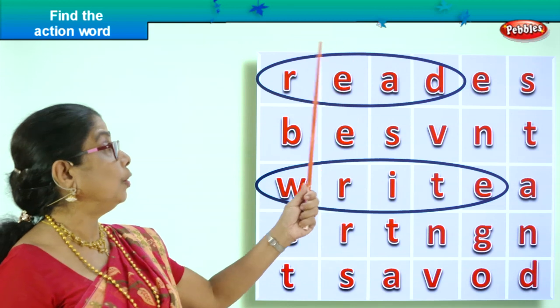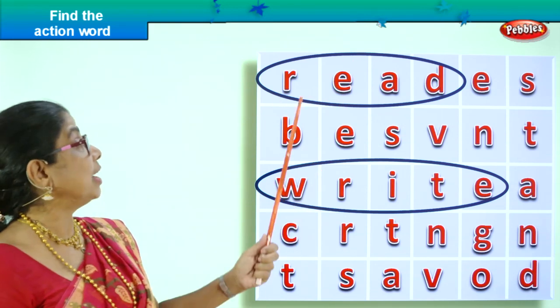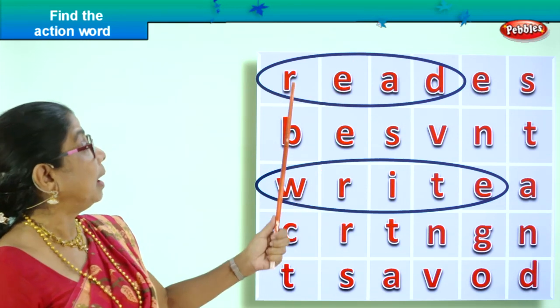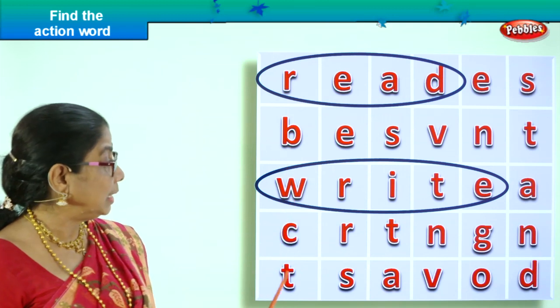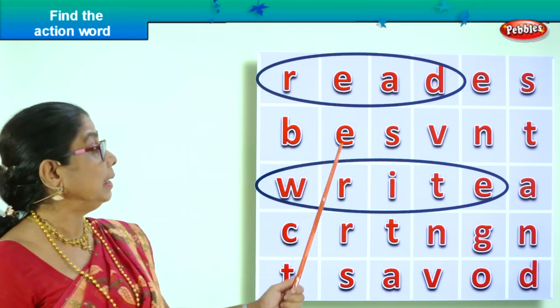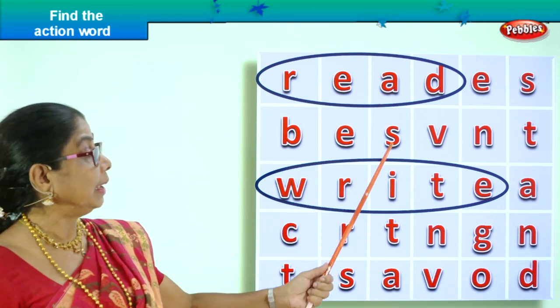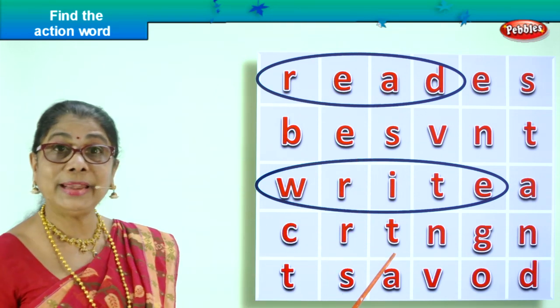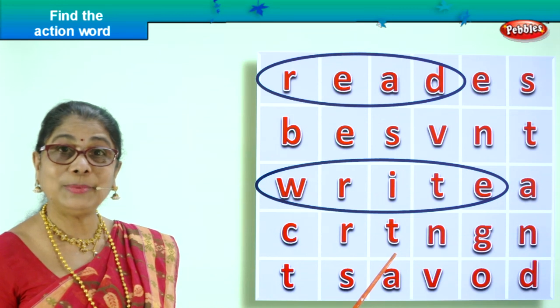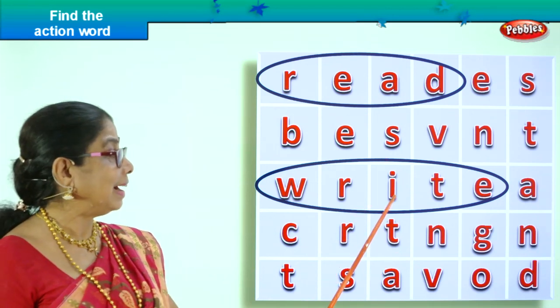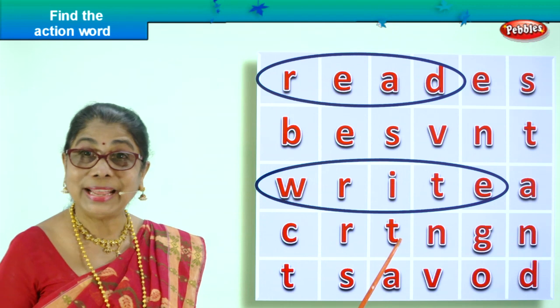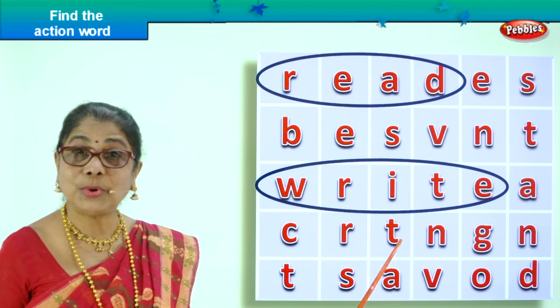Now, we'll go from row to row, checking. R, B, W, C, no. Here. E, R, R, S, no. Here. A, S, I. Can you find one here? Come on, tell me what is that? S, I, T. Good. S, I, T is what?